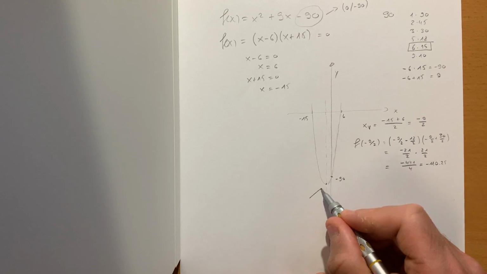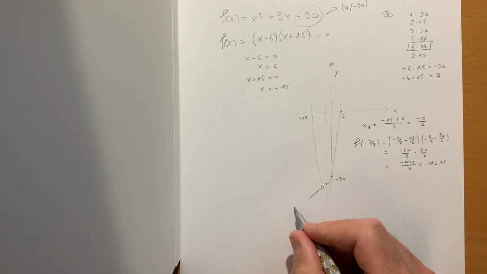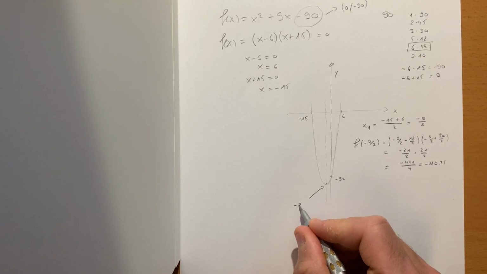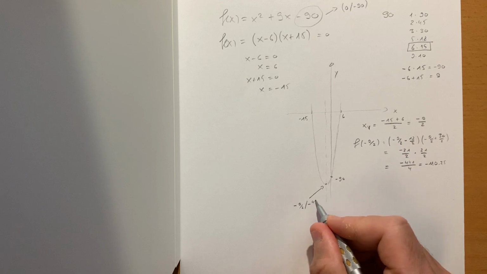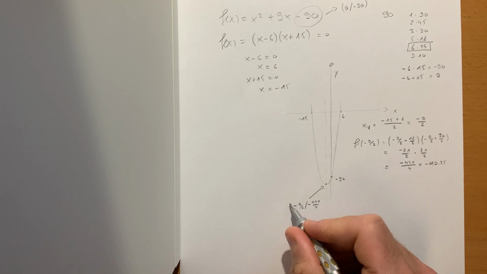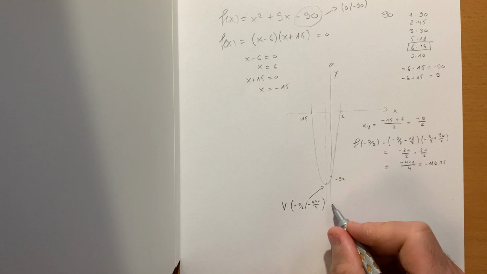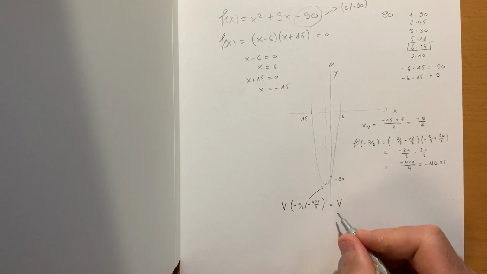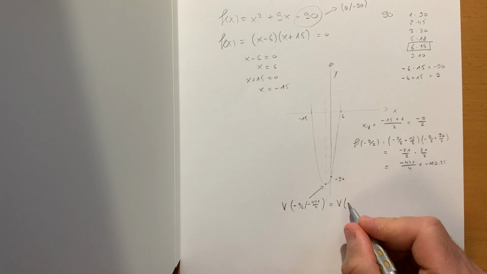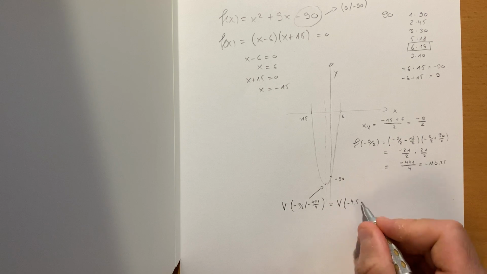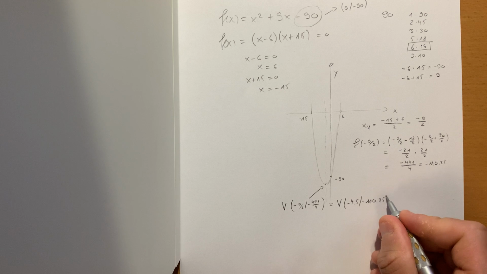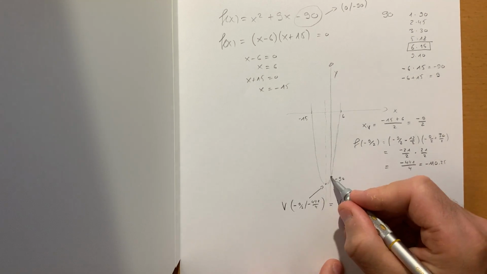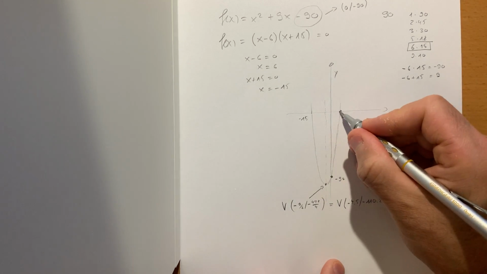So here the vertex is at minus 9 halves, minus 441 quarters. That's the vertex. Or if you want, you could write it in decimal numbers, minus 4.5 and minus 110.25.